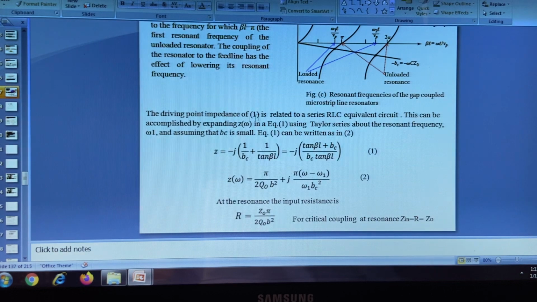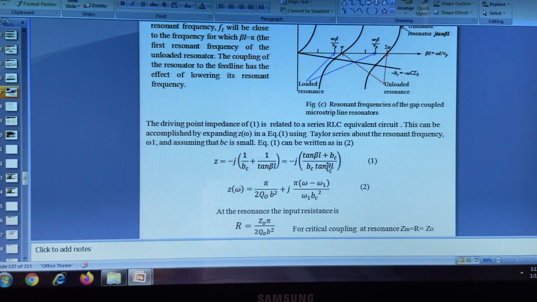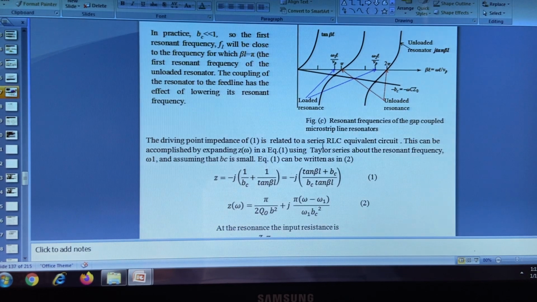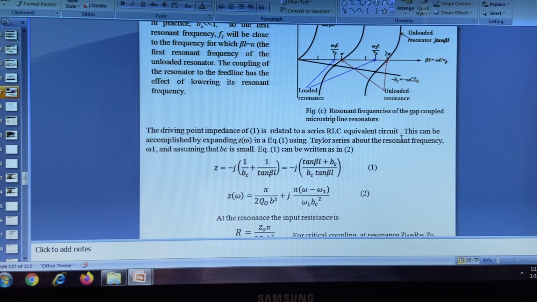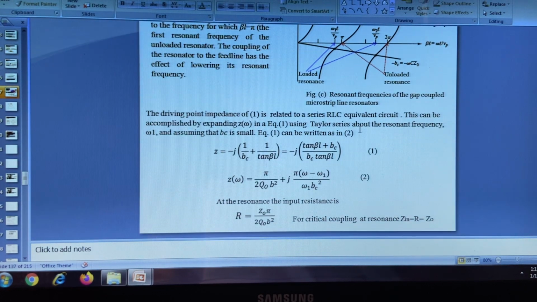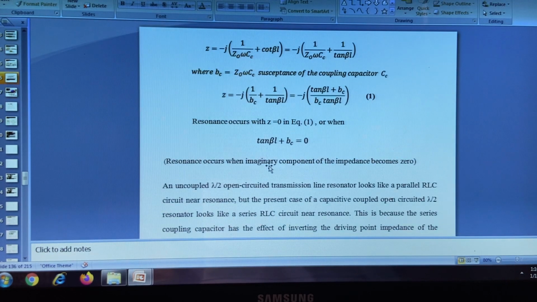This is equation 1. The driving point impedance is related to the series RLC equivalent circuit, as we saw. Because of the addition of the coupling capacitor, the equivalent circuit is like a series RLC circuit instead of a parallel RLC circuit. This is the input impedance, the driving point impedance.